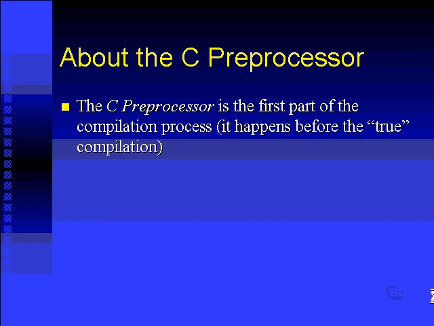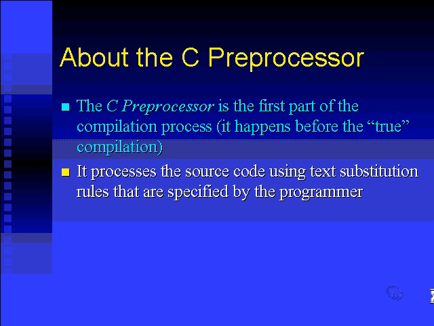Okay, I still really haven't described what the C preprocessor does, and I know that, and I'm getting to that. So what it actually does, in an overview sense, is it processes the source code just by substituting one sort of text for another. And what do I mean by substituting? Well, the word cat could be replaced by the word dog.